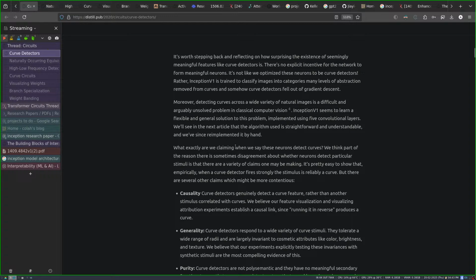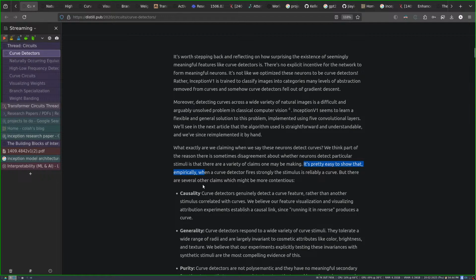What exactly are we claiming? So these neurons detect curves. Part of the reason there is sometimes disagreement about whether a neuron detects a particular stimulus is that there are a variety of claims one may be making. It's pretty easy to show empirically that when a curve detector fires strongly, the stimulus is a reliable curve.